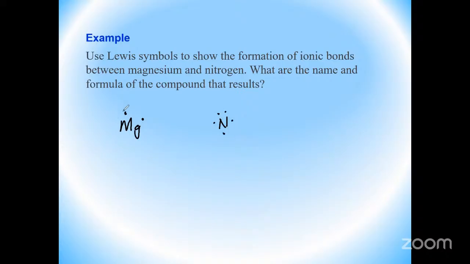Now, you can start off by transferring electrons from here to here and from here to here, right? But basically that won't be enough because nitrogen needs to have 8 electrons. So you're going to need another magnesium atom.